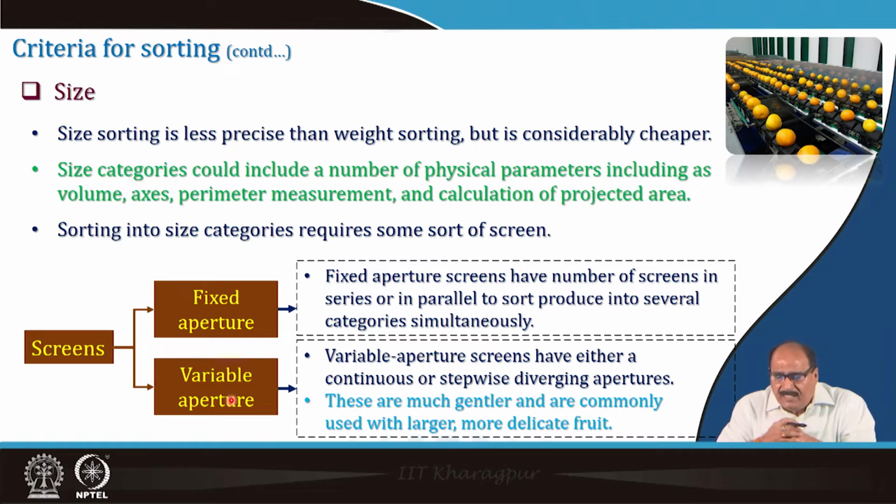Fixed aperture screens have a number of screens in series or in parallel to sort produce into several categories simultaneously, whereas variable aperture screens have either a continuous or stepwise diverging apparatus. These are much gentler and are commonly used with large or more delicate fruits.